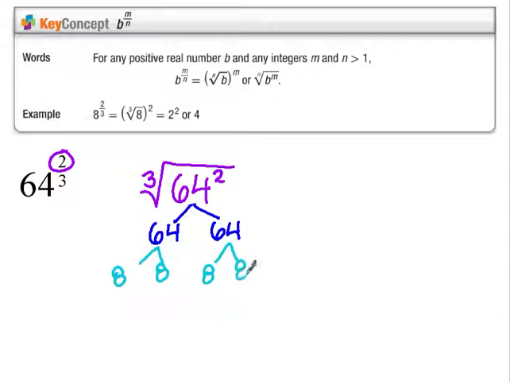I know that 8 is broken down as well. And I'm looking for groups of what, by the way? 3. So I can't stop here because I've got a group of 4. So let's break down the 8. Now I can break down the 4's.